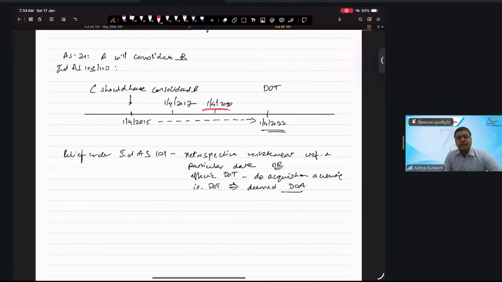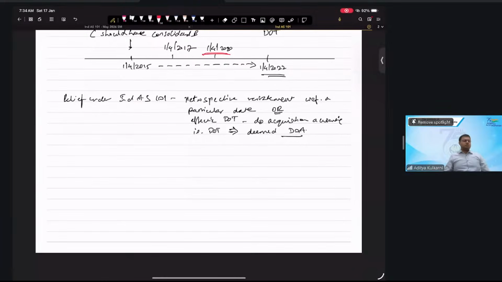Because under AS, minority interest was a liability, whereas under Ind AS, non-controlling interest is a part of equity, and therefore it can become negative. Are you okay with this? You would have done this under Ind AS 103. There is a question in your study module also, or I think RTP. Are we okay with this?